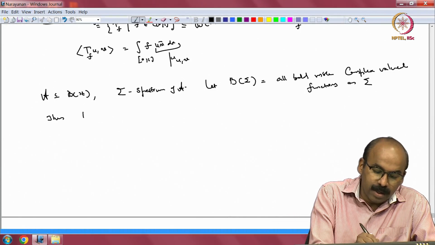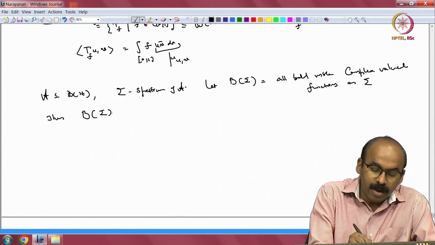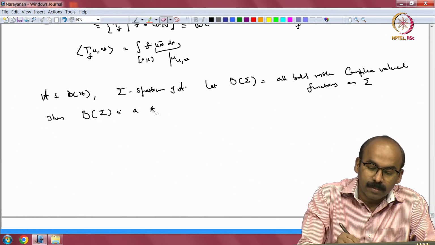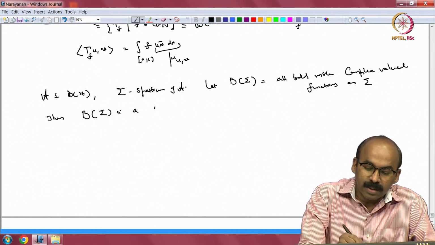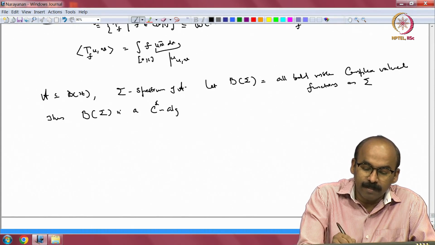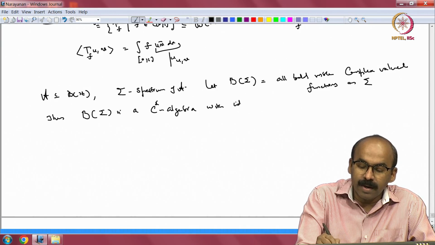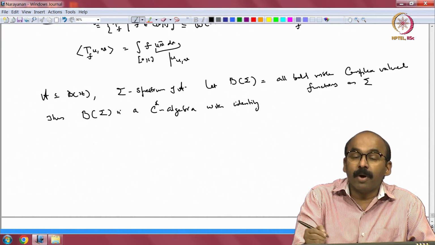So, B sigma is a C star algebra with identity, commutative because of the pointwise product, right.